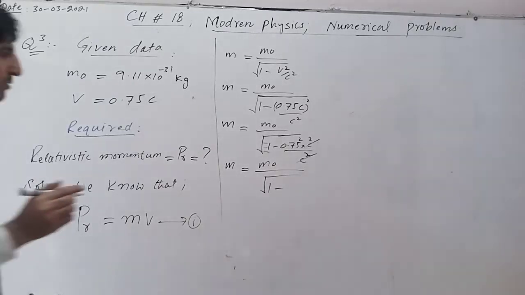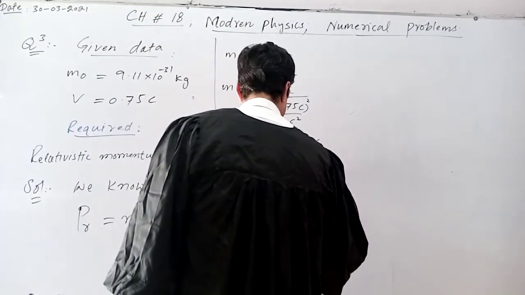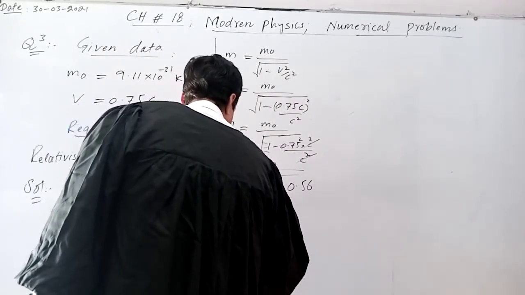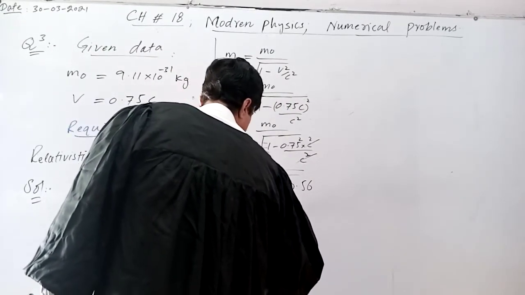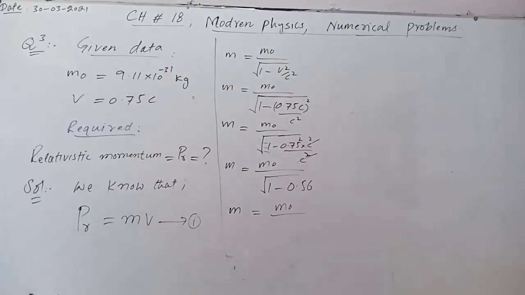So 1 minus 0.56. Similarly, m equals m naught divided by 1 minus 0.56 under the root, which is approximately equal to 0.66.